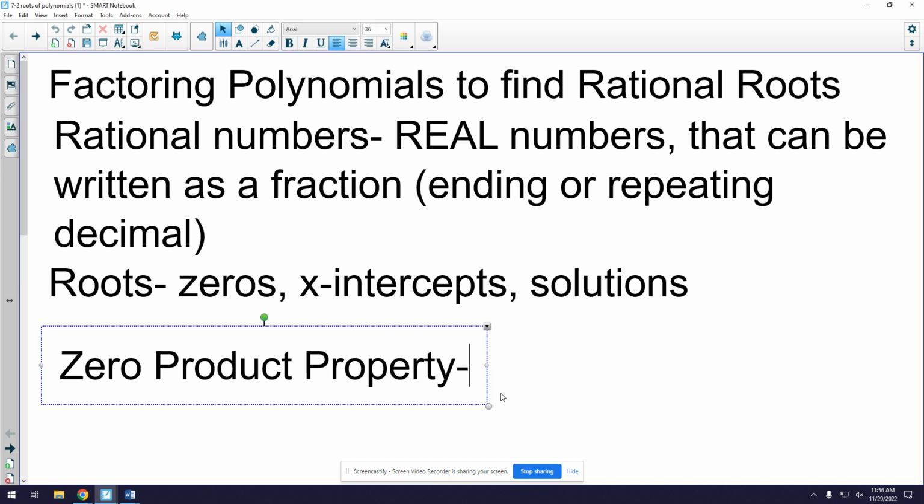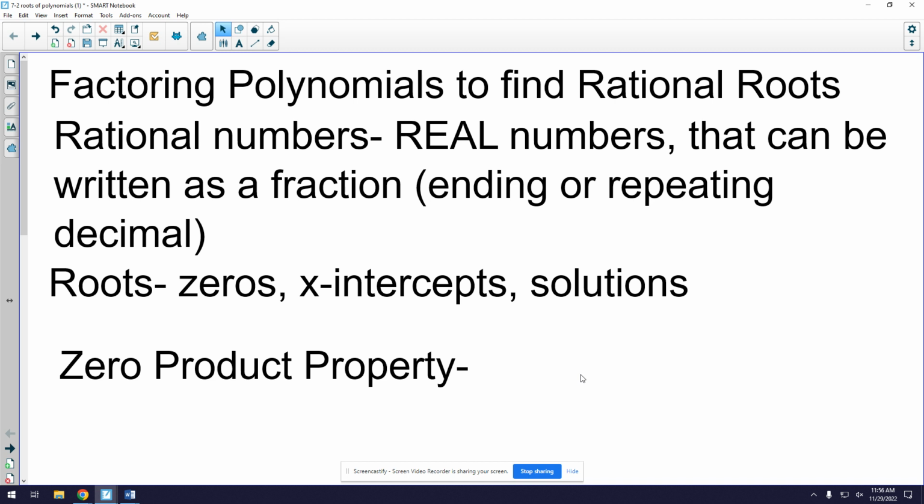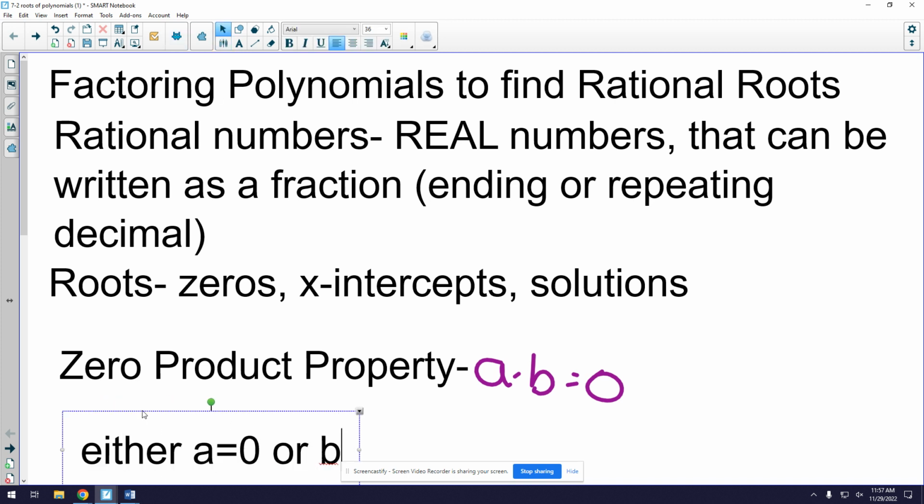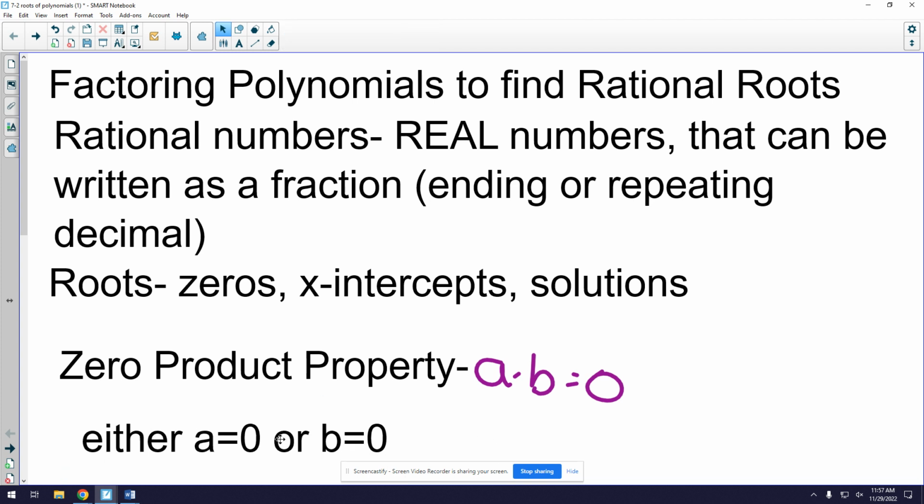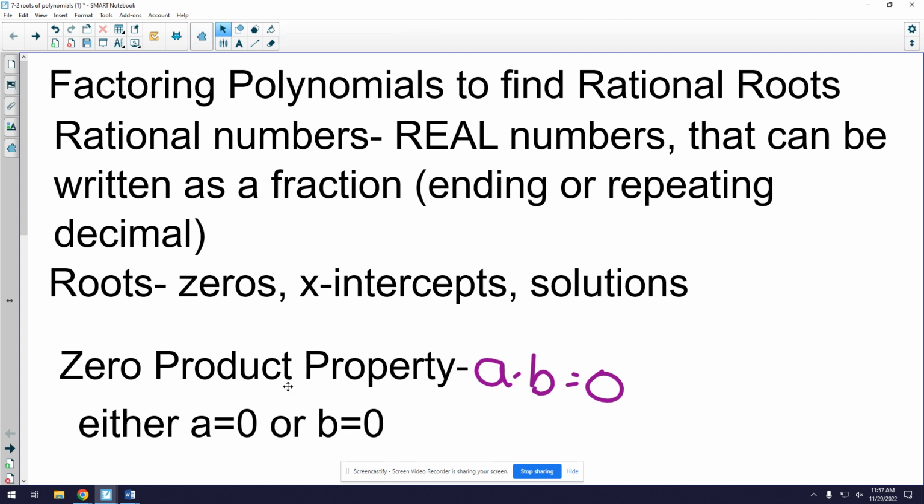And we're going to recall the zero product property we talked about with quadratics, which said if you had a times b equaling 0, then either a equals 0 or b equals 0. So we could use our zero product property when we factor to then set each factor equal to 0 and then solve each factor for your variable.